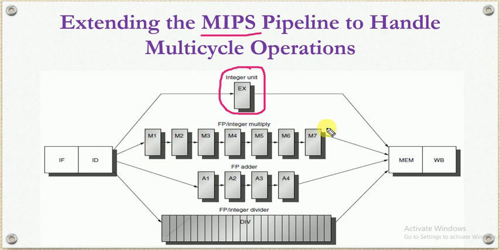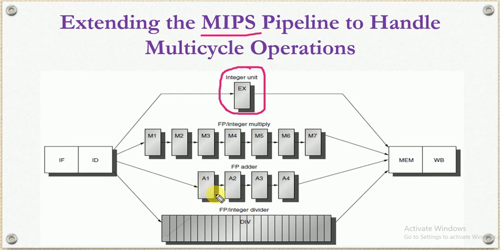This functional unit can be pipelined by using different stages, or a different number of functional units, for the same multiplication operation. Similarly, for the FP adder, we normally use 4 different functional units consisting of the stages from A1 to A4.